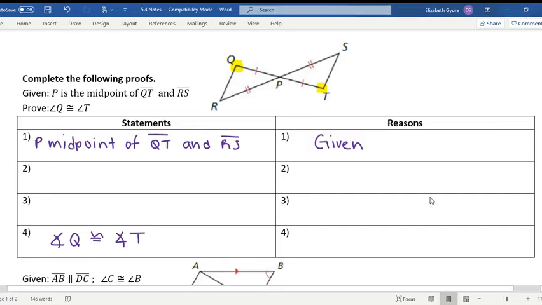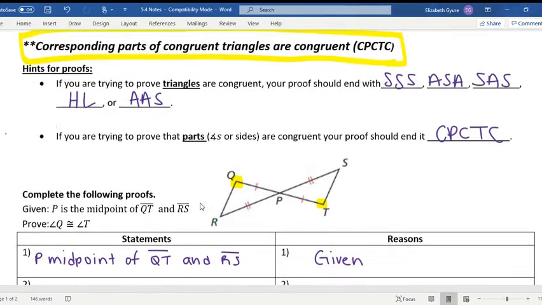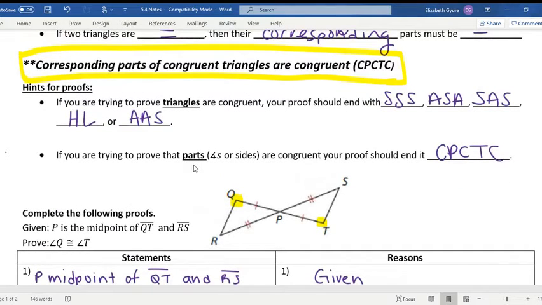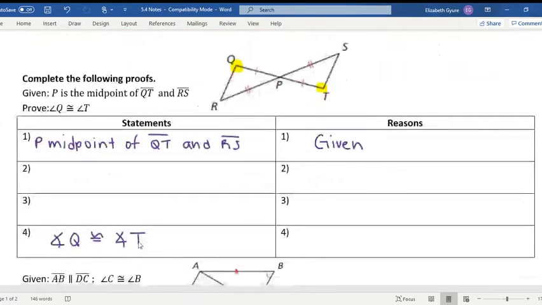Now, I actually have more freebies than just this, though. I know that I'm trying to prove my parts are congruent. So go up above. If I'm trying to prove parts are congruent, what must my proof end in? Exactly. I have congruent parts, so I know I have to use CPCTC.